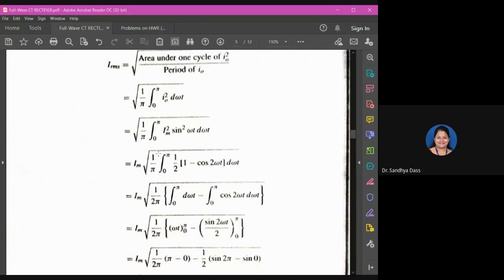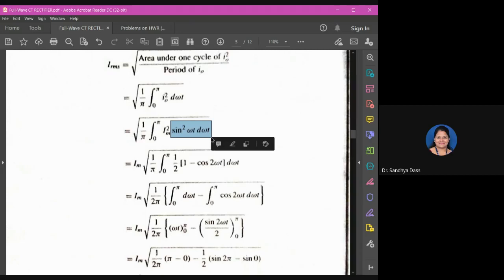So under the square root, you have 1 by pi, 0 to pi. All right. You are substituting the equation for sine square omega t. Since you cannot directly integrate sine square, you are using an equation, right? So what is the equation there?